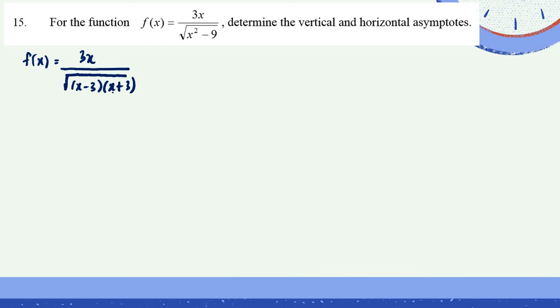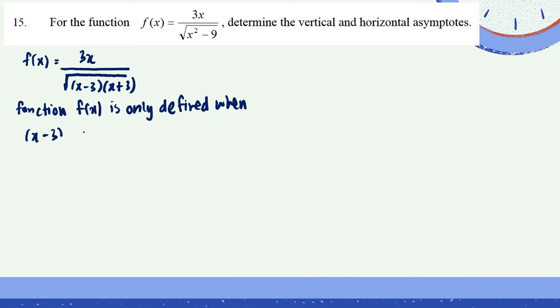By simplifying this, we can check that this function f(x) is only defined when x minus 3 and x plus 3 is greater than 0.